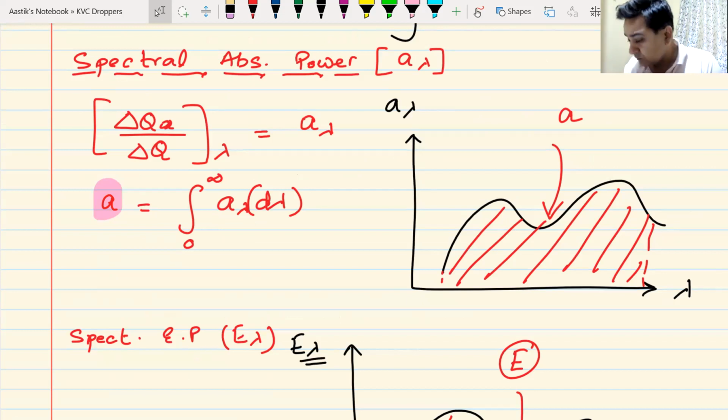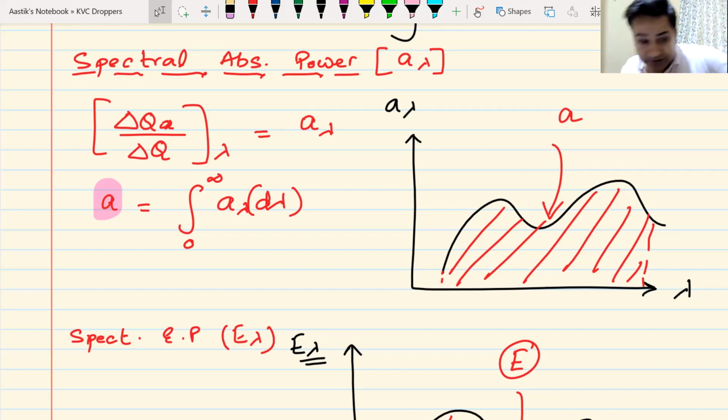Then we saw what will happen when a body which is at temperature more than 0 Kelvin emits radiations. We call it emission. Then we saw emissive power, total energy per unit area per unit time. Then we saw spectral emissive power, and that was the last thing that we did.